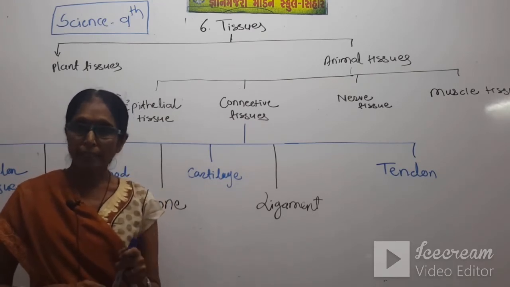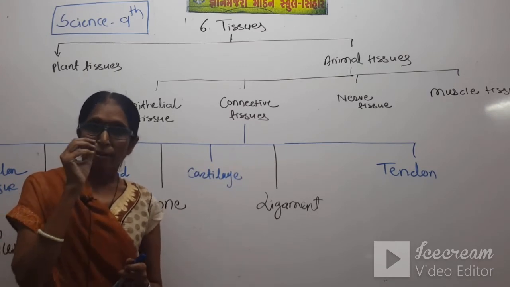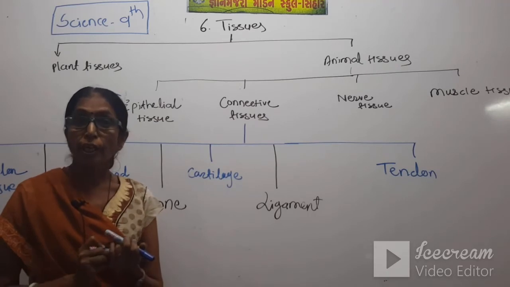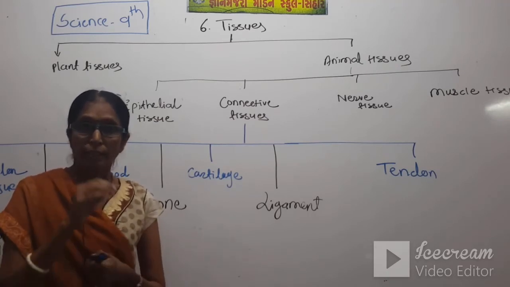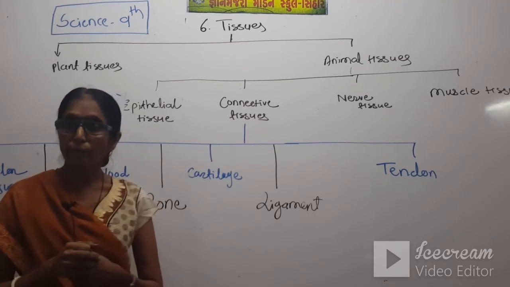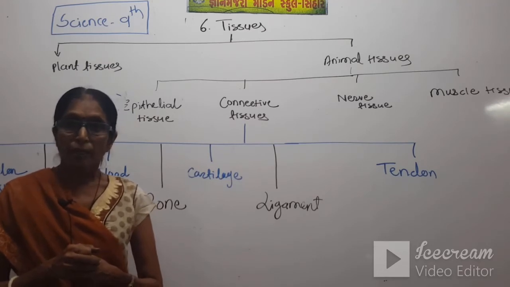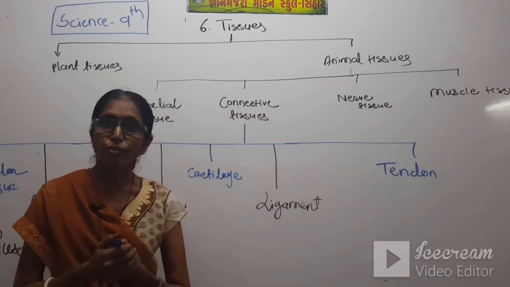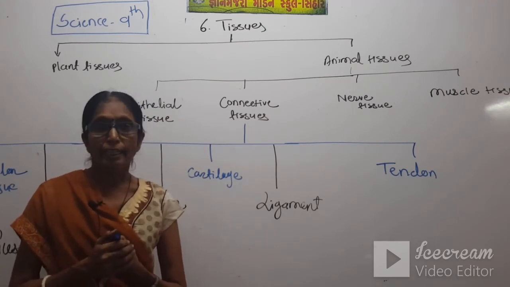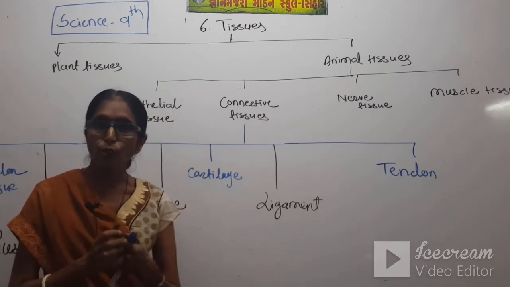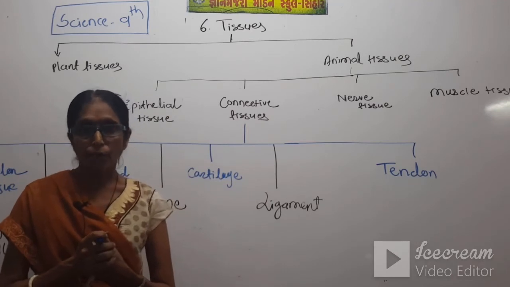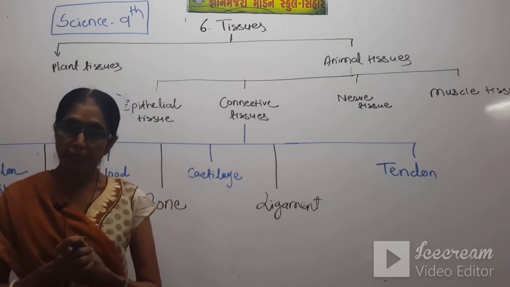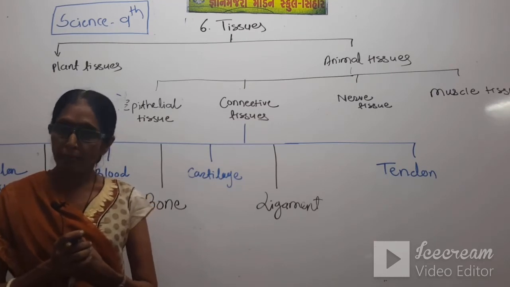RBC count is related to the hemoglobin, the amount of hemoglobin in our body. WBC are the soldiers of our body, and they fight the microbes which enter our body. And the third, blood platelets, are in the blood plasma.